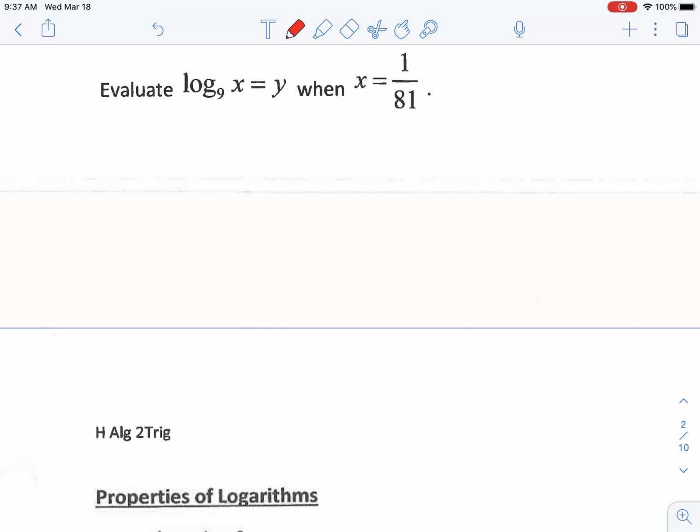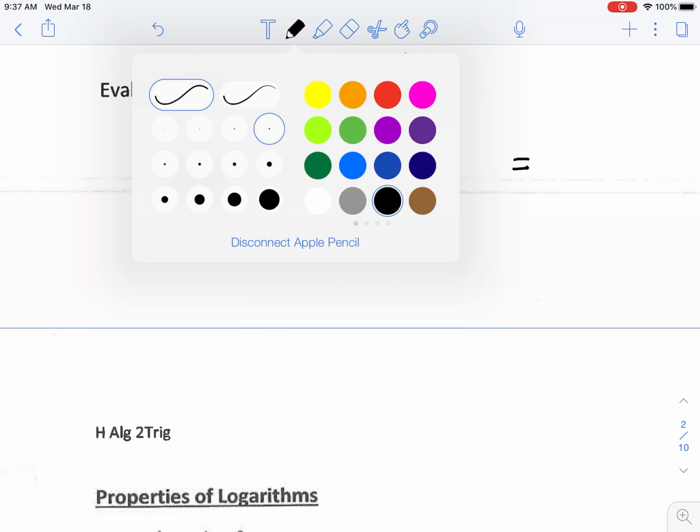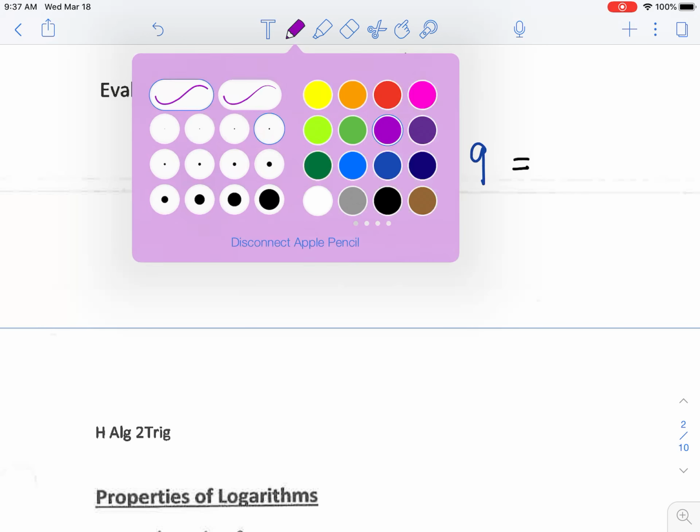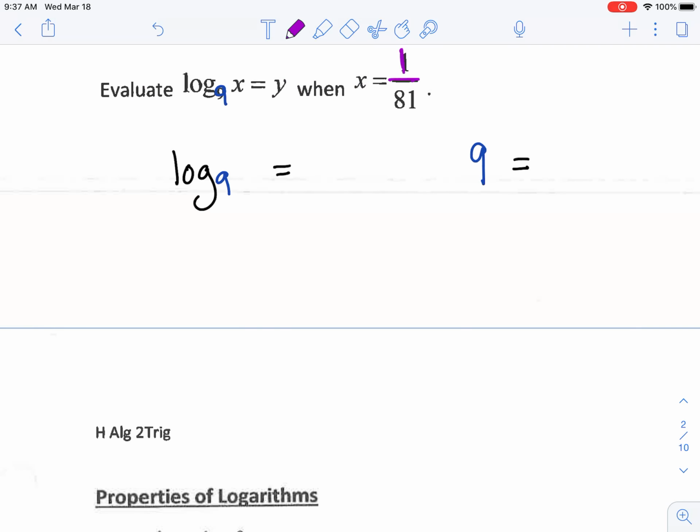Okay. So then I have log, a base, an equal sign for my exponential. So blue is my 9, that's my base. Then if x is 1/81, then my answer ends up being 1/81 over here.